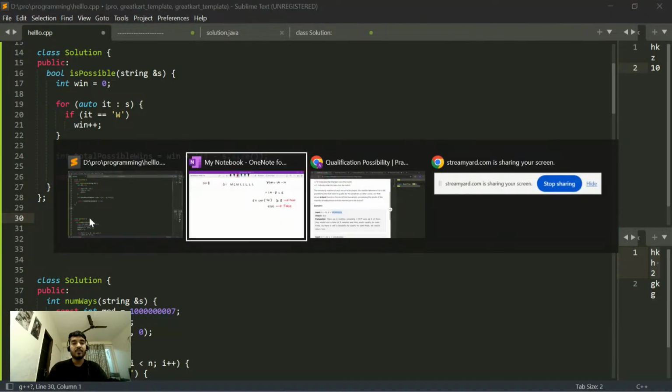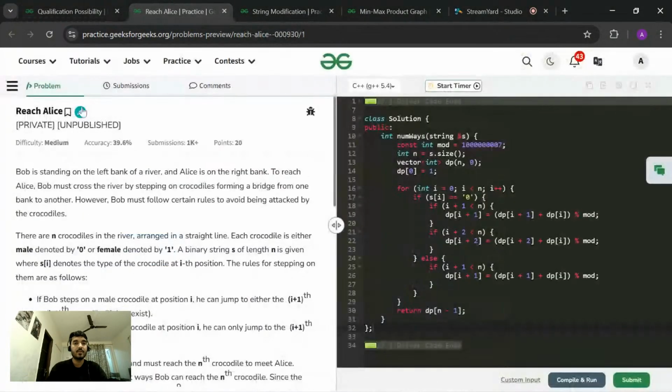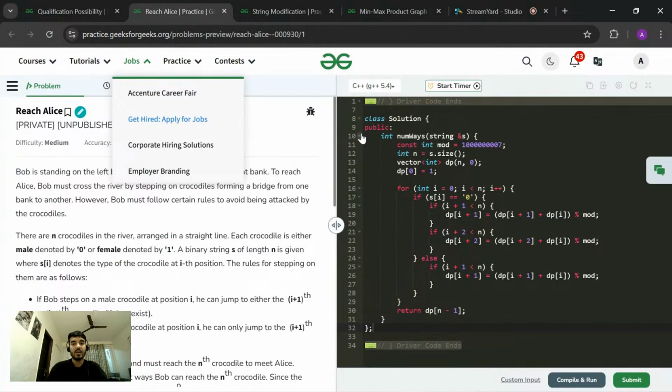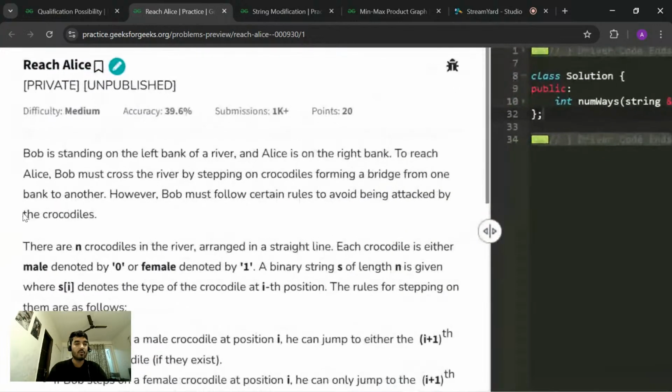Cool. Now let's move to the second problem, Reachalize. This was a very standard dynamic programming problem. Bob is standing on the left bank of a river and Alice is on the right bank.